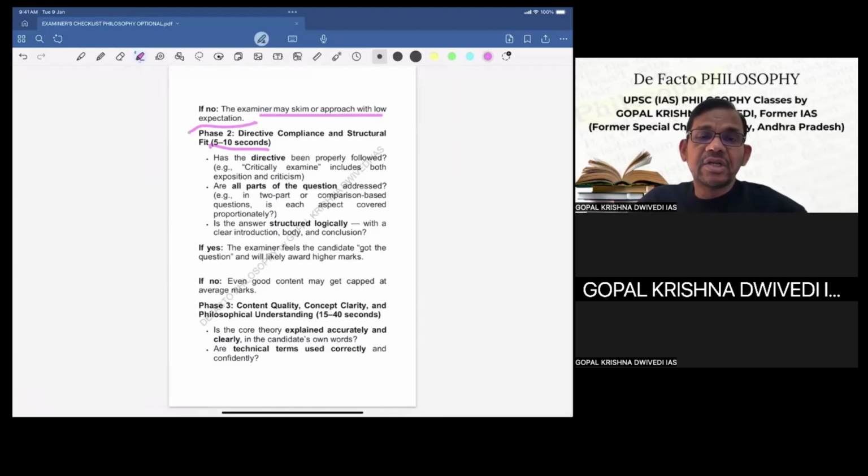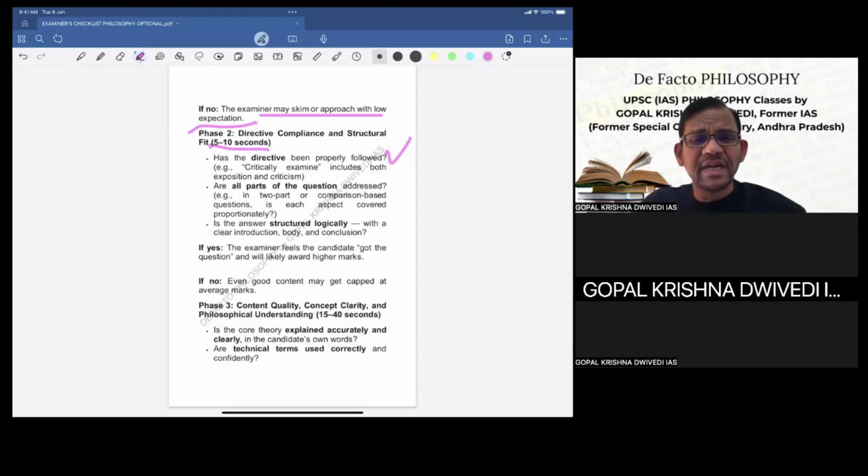Has the directive been properly followed? I keep on telling the students, first critically understand and analyze the question itself. You understand the question and then try to answer, because if the question says critically examine, or discuss, or explain, then accordingly you have to modulate your answer also.